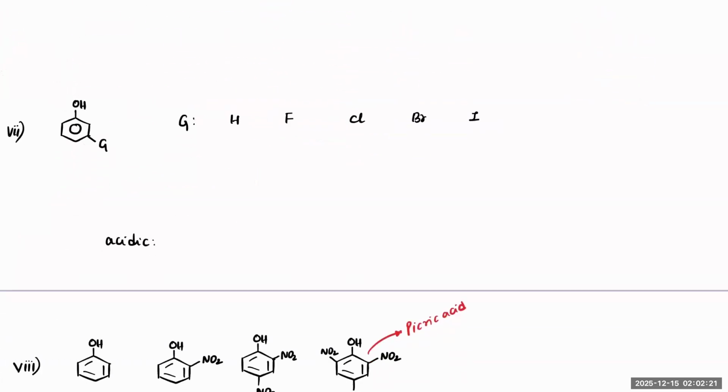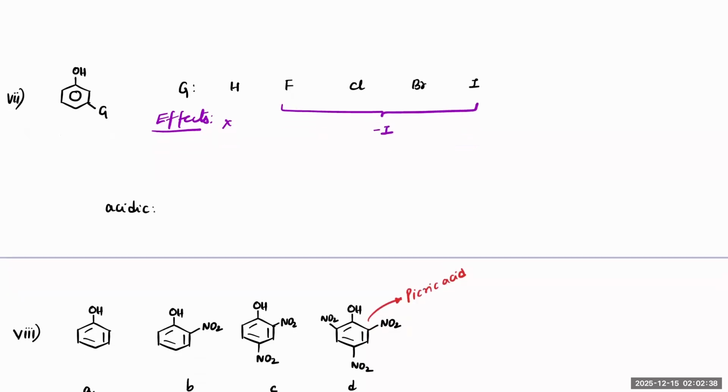Right. Next one. In case they are at meta position, the effect that they will offer is only minus I. This one will give you nothing, but all of them will give minus I. Because everything is minus I, it is an electron withdrawing group by all of them.